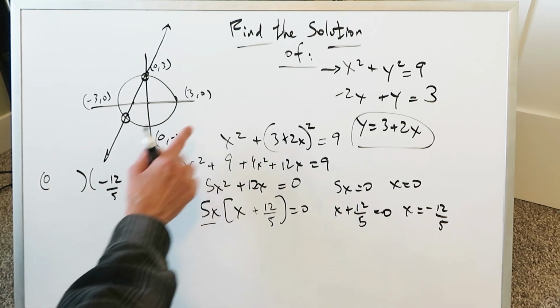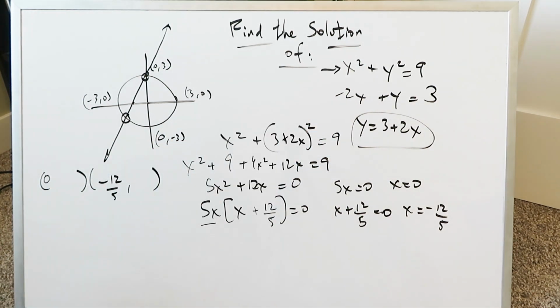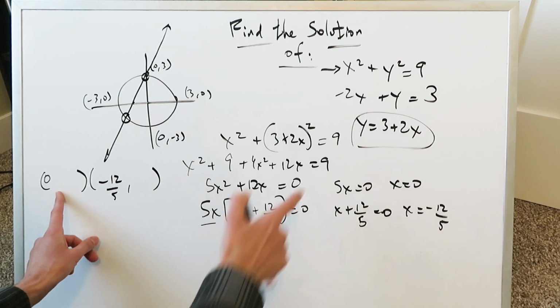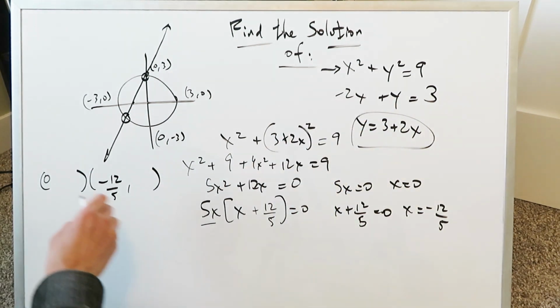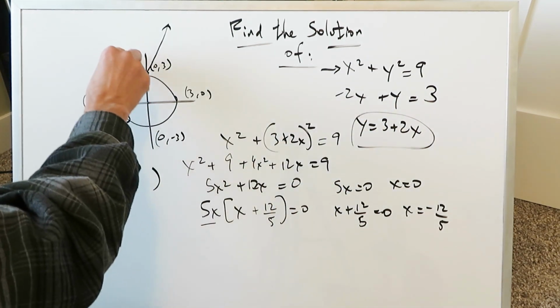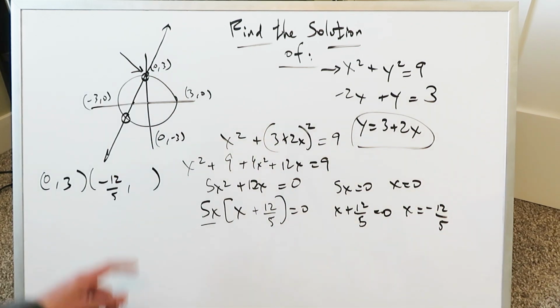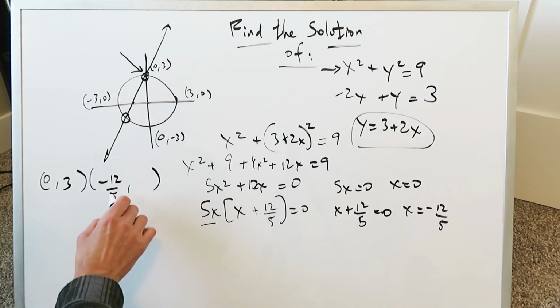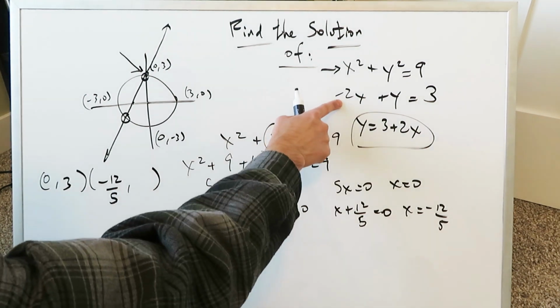If you put 0 and minus 12 over 5 into any of these, you'll get your y values. Put 0 right here in this. You'll get y is equal to 3. So we have that one intersection point, but we already knew this from the very beginning, because incidentally it happened to be discovered right at the very beginning in terms of the graph. Now you have minus 12 over 5. You can plug this again in this equation.